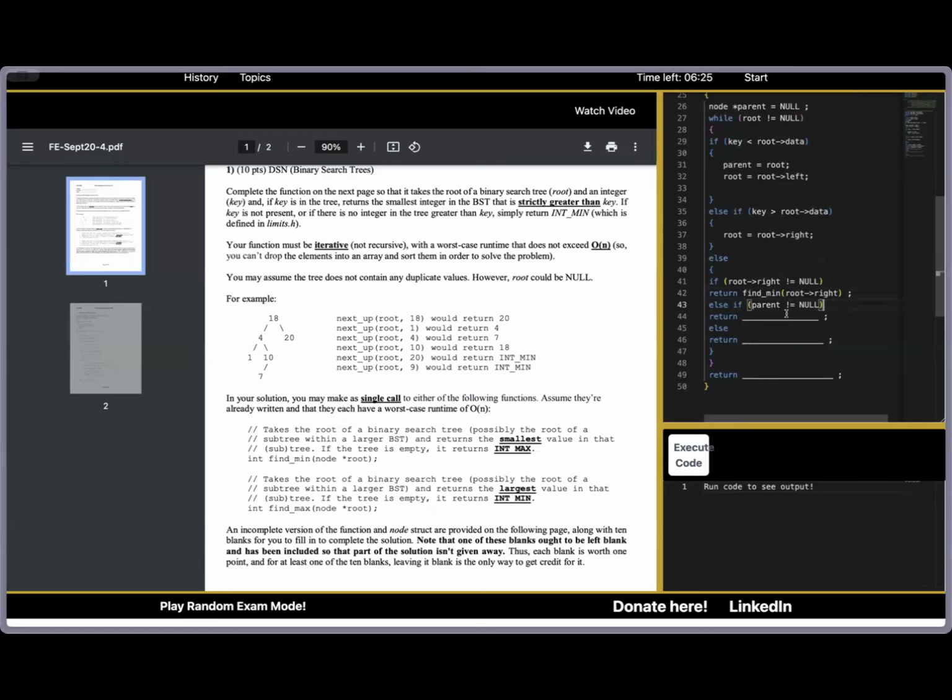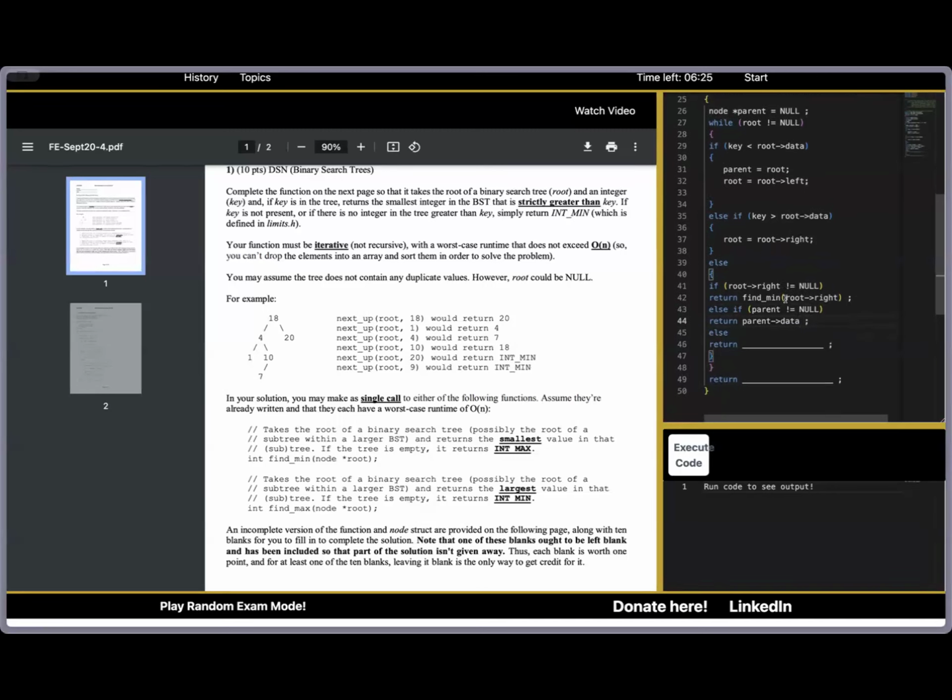And then what happens if the parent is null? Or the parent does not equal null, sorry. Perfect. Why are we using find min? So we're trying to find the minimum number that's greater than the root.